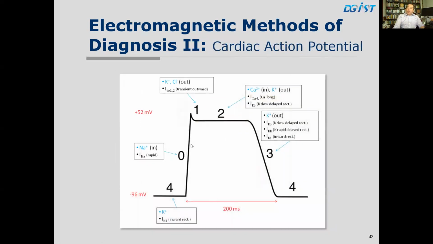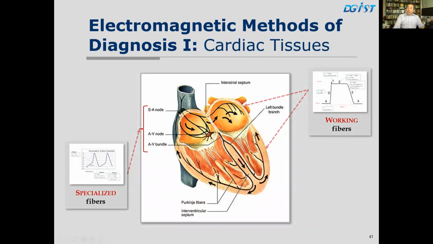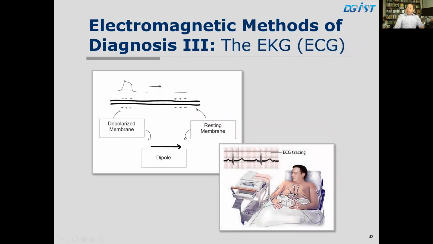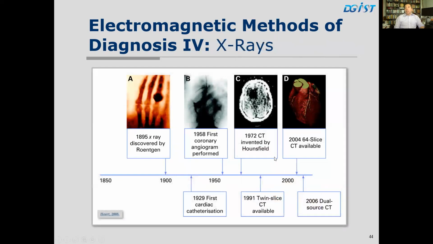I want to just go through this diagram one more time. The cardiac impulse, the electrical impulse, begins up here and goes over a certain period of time of hundreds of milliseconds through the rest of the heart. So there's a wave of electrical depolarization. What that means is that if you put various electrodes around the heart, you will see a difference or a dipole, and that dipole can be picked up by electrocardiogram.